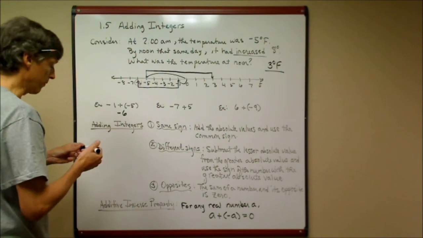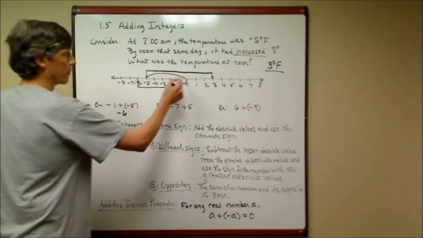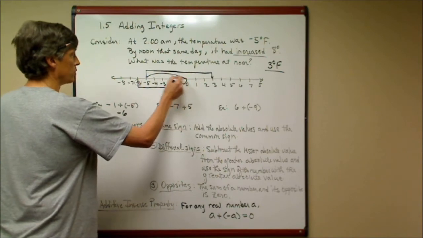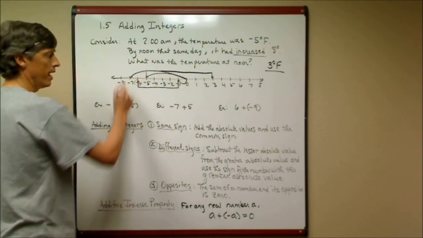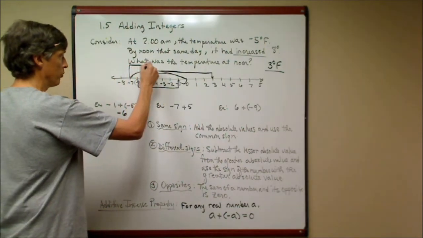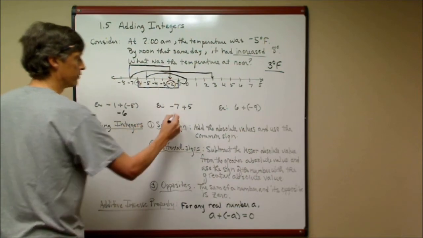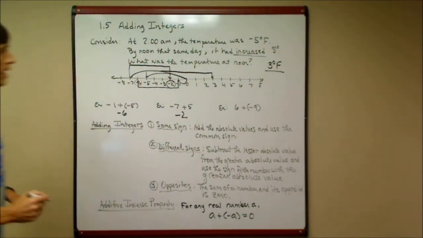Now, -7 plus 5, hopefully you can read through my scribbles here. I'm going to go to -7, which is way out here, and then I'm going to add a +5 to it. So coming back, 1, 2, 3, 4, 5 gets me right here at -2. And last but not least, +6 plus -9.